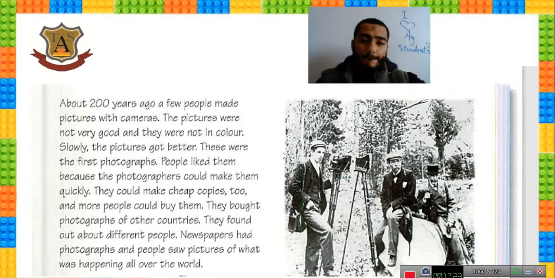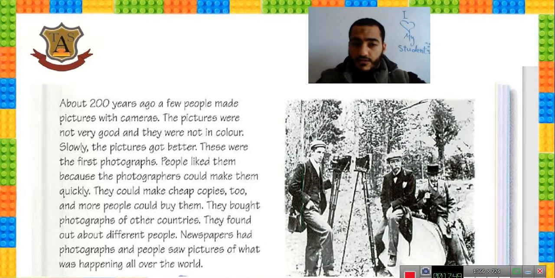Next. Yes, about 200 years ago, a few people made pictures with cameras. The pictures were not very good and they were not in color. Slowly, after that, the pictures got better and better. These were the first photographs.